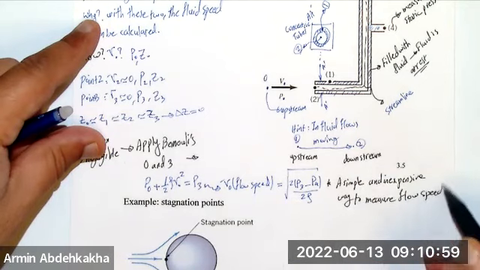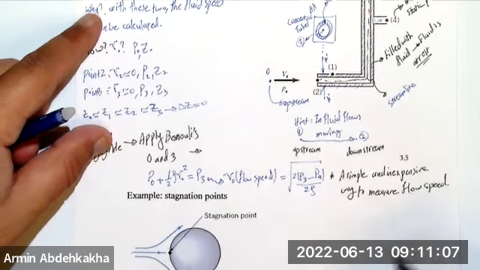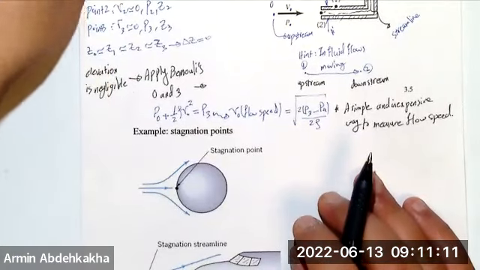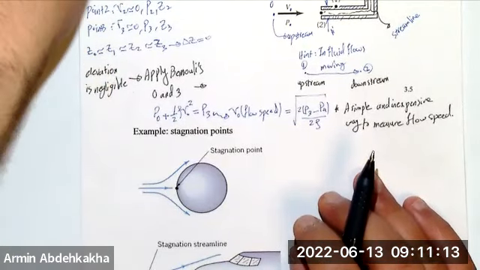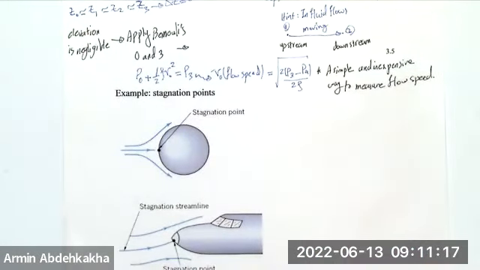And currently used in most of the aircrafts. Another example for stagnation pressures, just as a hint for most of the questions that you may see.